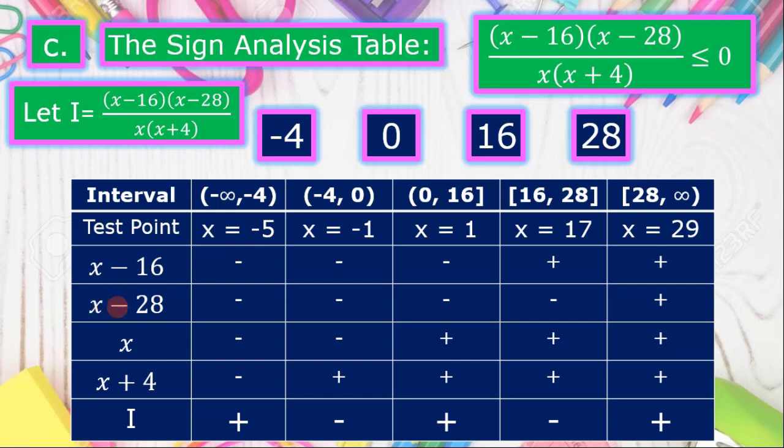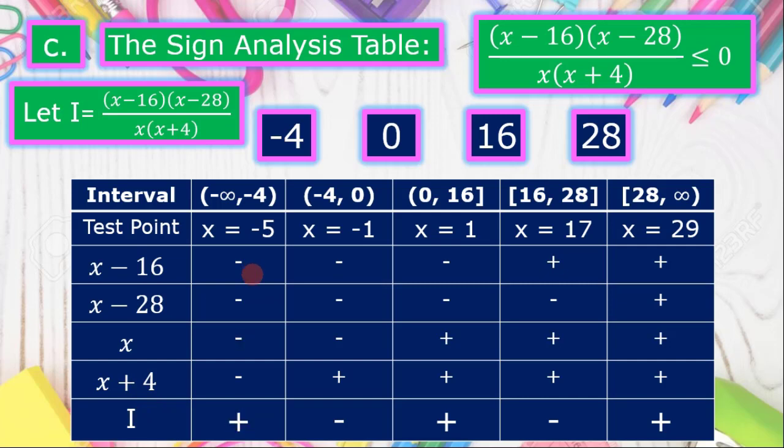Then we have -5 minus 28. It's still a negative number. Then we have -5, negative. Then we have -5 plus 4. It's a -1. It's negative. We let I be x minus 16 times x minus 28 all over x times x plus 4. To simplify, we have to write I here. I is positive here. Why positive?